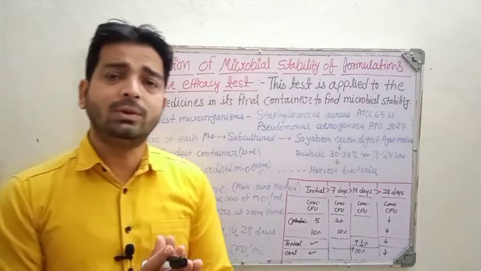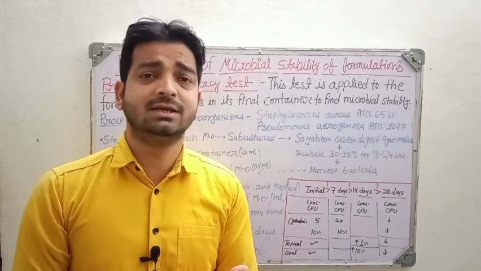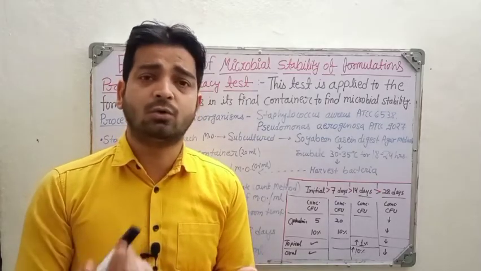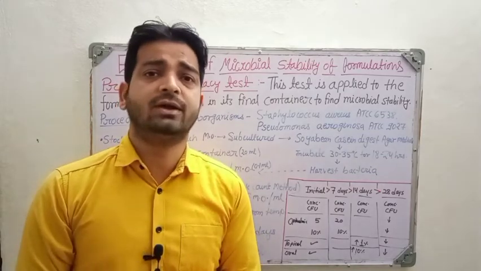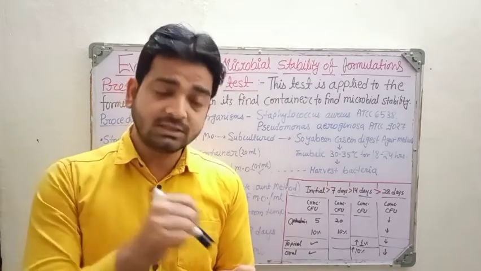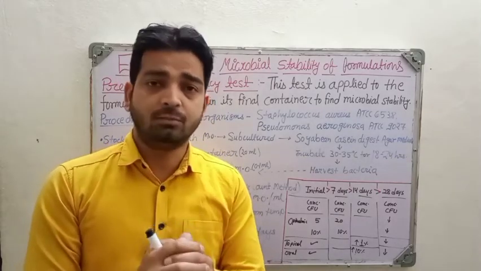So basically what we are trying to understand here is, whatever preservative we are using, like in the last class we saw that alcohol is used for liquid medium, and different types of cresol and phenol are used. So these are the preservatives which we have already added into the pharmaceutical formulation.